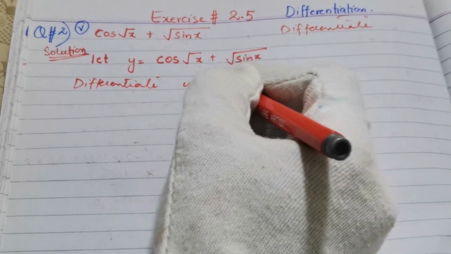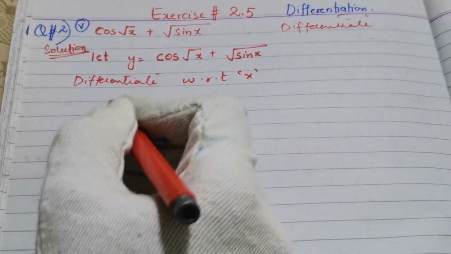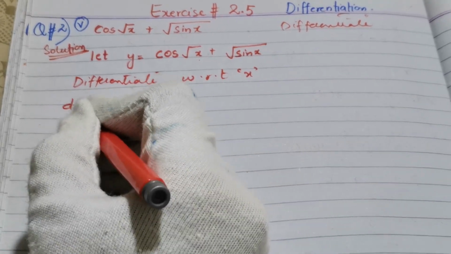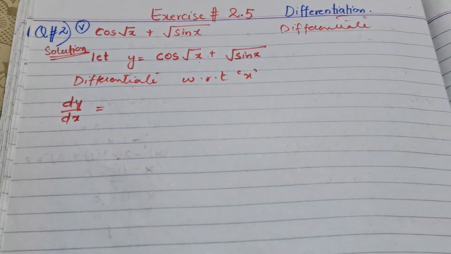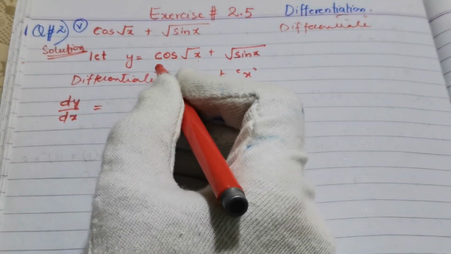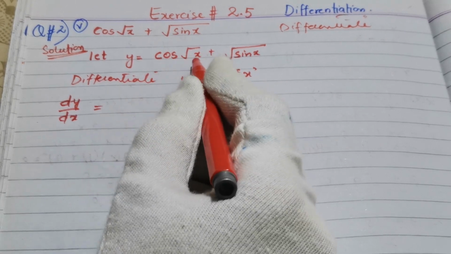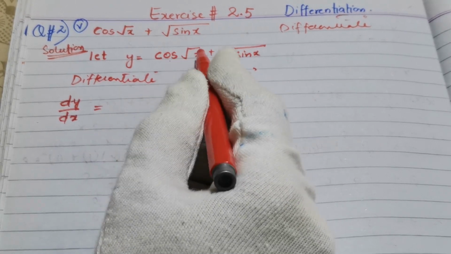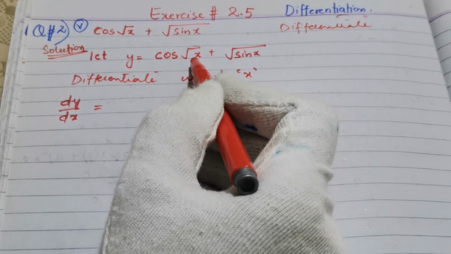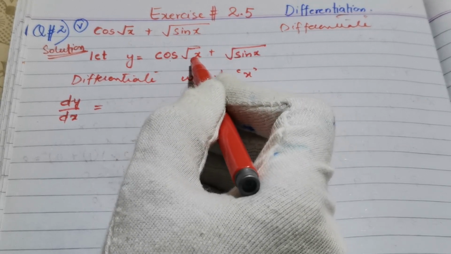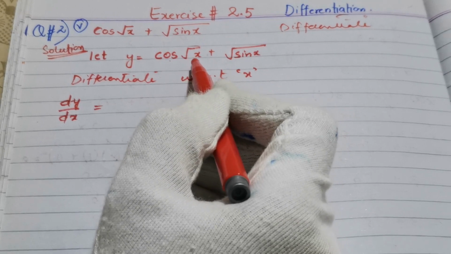Differentiate with respect to x. dy by dx is equal to cos theta. Derivative of cos, this is our angle is under root x. So as I told you earlier, angle should be 1x.